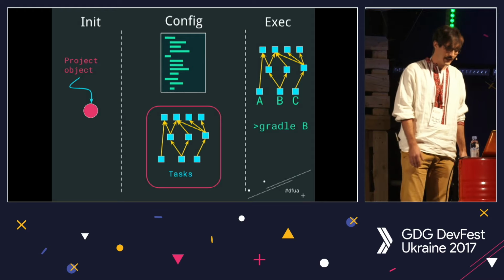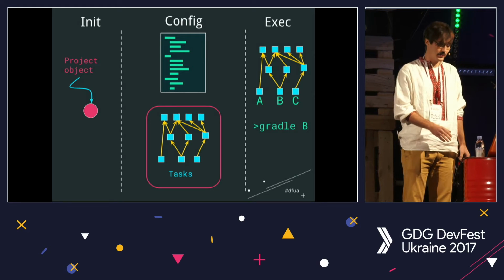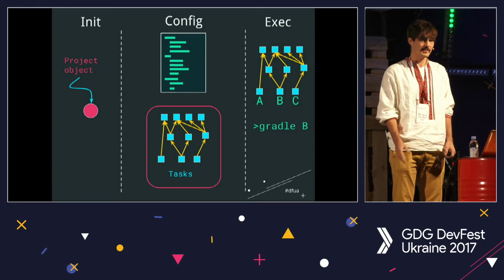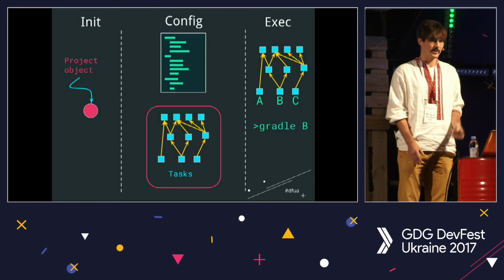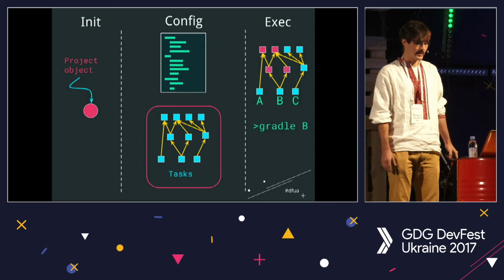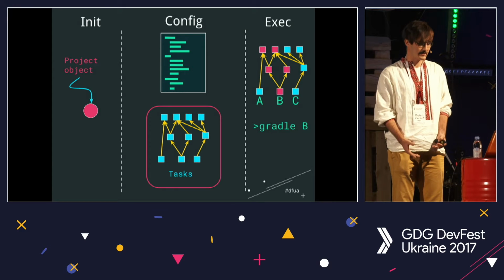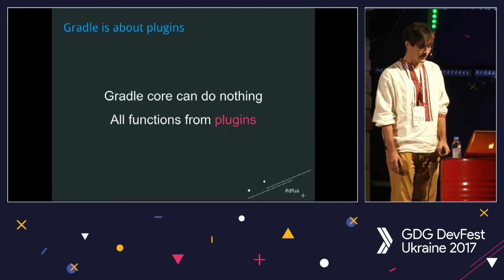Gradle now knows all dependencies between tasks, so it can build the right sequence for this particular task and execute all dependent tasks. So far, so good.